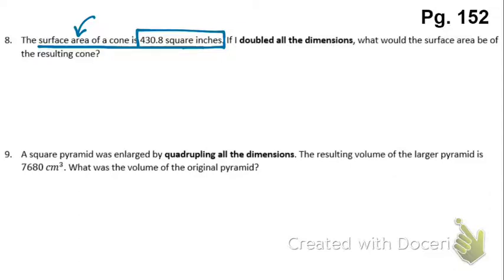Area is always 2 dimensions. What do I want to do to all of those dimensions? Double them. What is that telling me there? The scale is 2. What would the surface area be of the resulting larger cone? Tell me what to do to set this up.